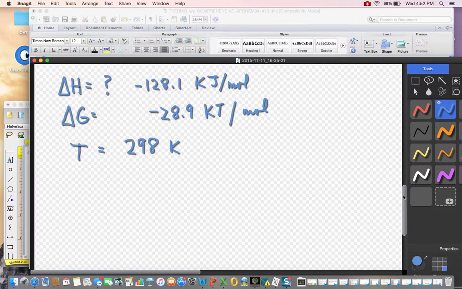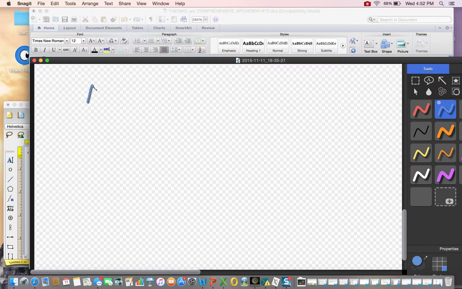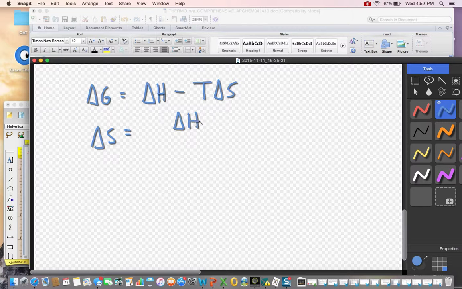So I can use the first equation of free energy, delta G equals delta H minus T delta S, and solve for delta S. So delta S will be delta H minus delta G divided by temperature.